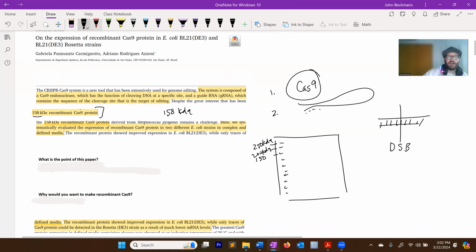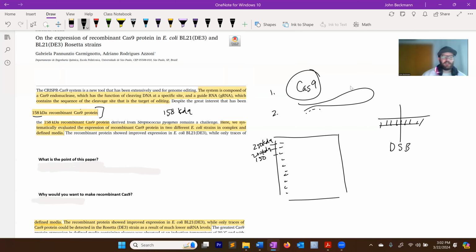Yeah, so maybe not the largest, but in the cell there's always extremes, and the largest stuff is greater than 200, but that's pretty rare. So a 158 kilodalton protein is actually pretty big.